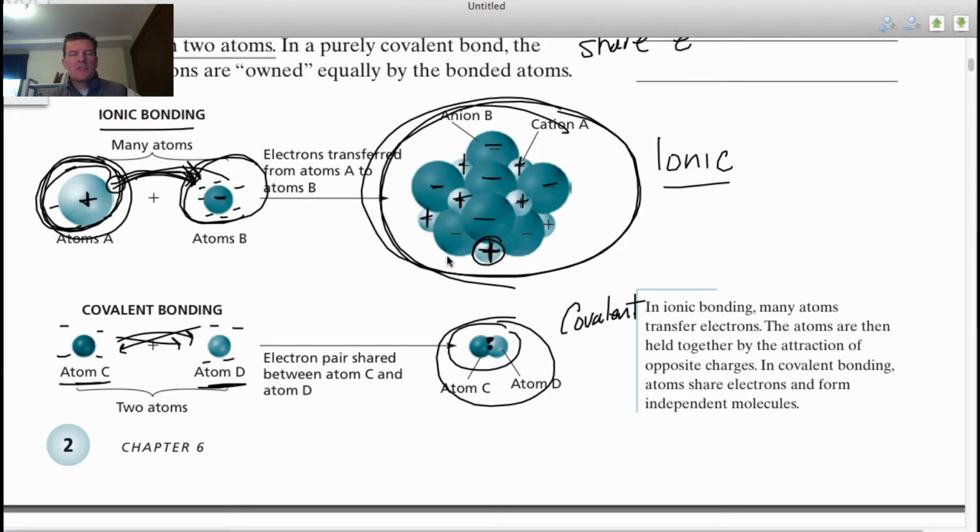So it's not all ionic or all covalent. Sometimes, as we say, it's purely ionic if there's a strong transfer. Sometimes we say it's purely covalent if it's perfect sharing. But a lot of times it's in between these two, and there's a bit of a gradient or a scale or a spectrum in between.